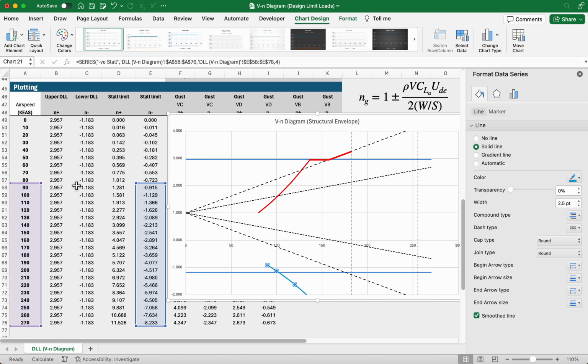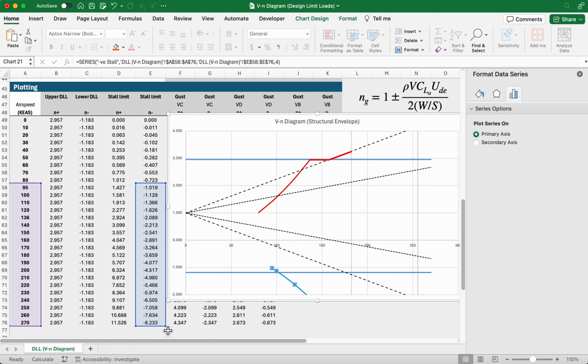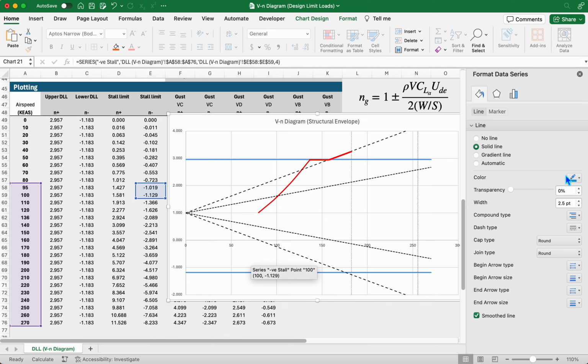And we have something around here. 100 knots looks like it'd be too much, so let's try 95. Just to get close. And then our upper limit is when we have that 1.183, so around here. And then we'll make this red.